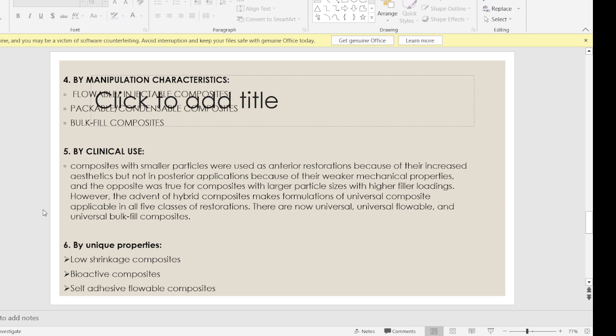Another classification is based on the manipulation characteristic: the flowable, packable, and the bulk fill composite. And another classification is based on their clinical use.